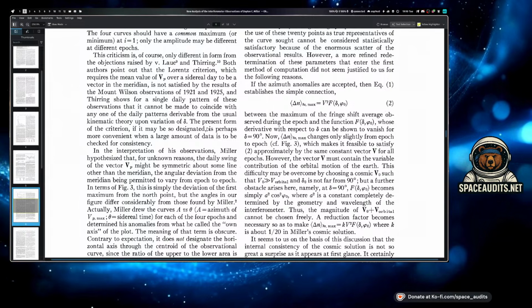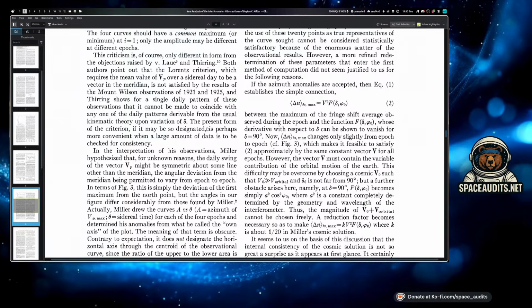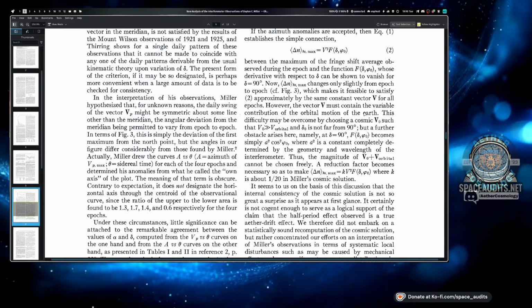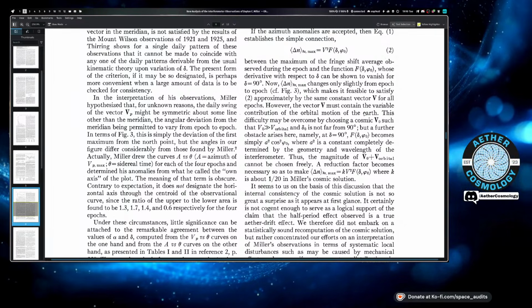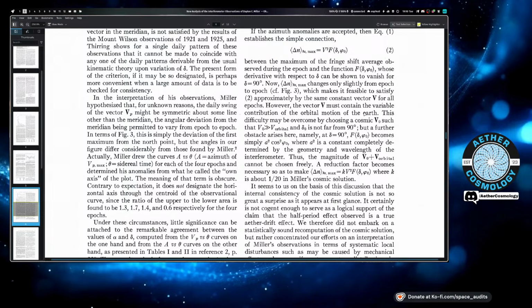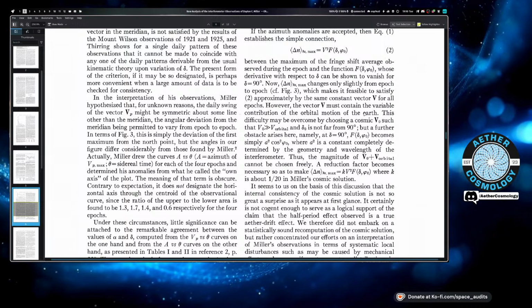However, the vector must contain a variable contribution to the orbital motion of Earth. This difficulty may be overcome by choosing a cosmic V naught, such that V naught is much less than V orbital, and delta naught is not far from 90 degrees.